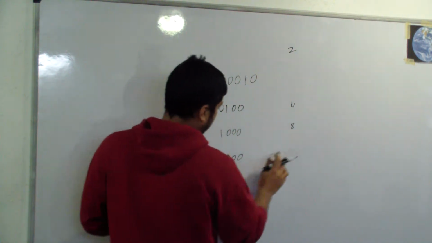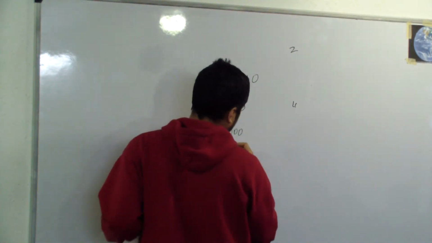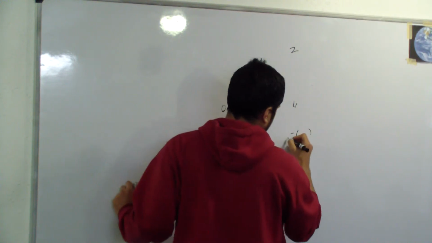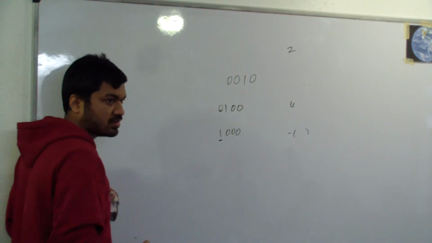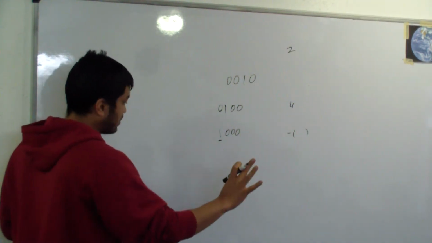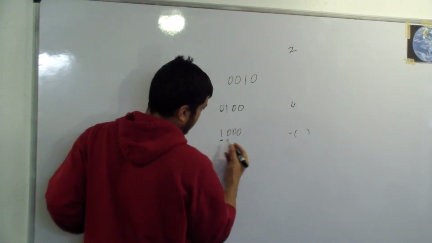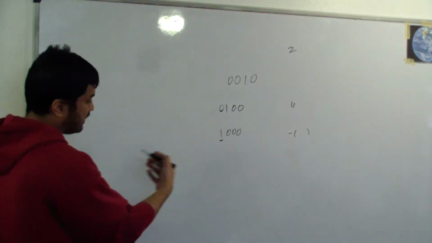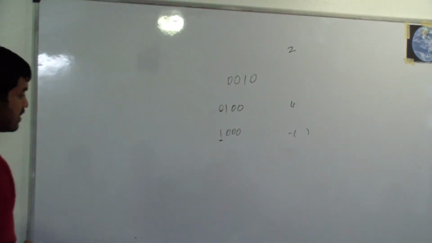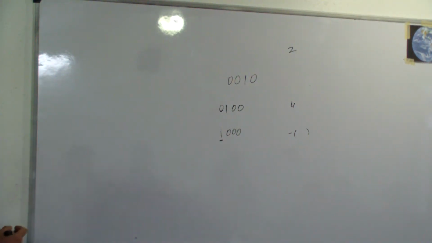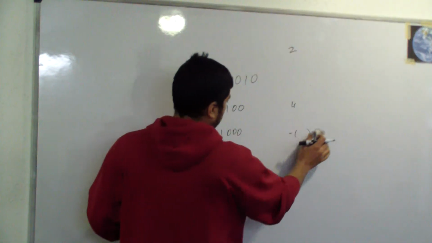Now, if this is a signed integer, this will actually become a negative number because your most significant bit is set to 1 now. In actual computers, it will be 4 bytes, let's not get into that. But what I'm trying to say is, when you do enough left shifts, if it's a signed integer, you will end up changing the sign of the number. So just be careful with that.